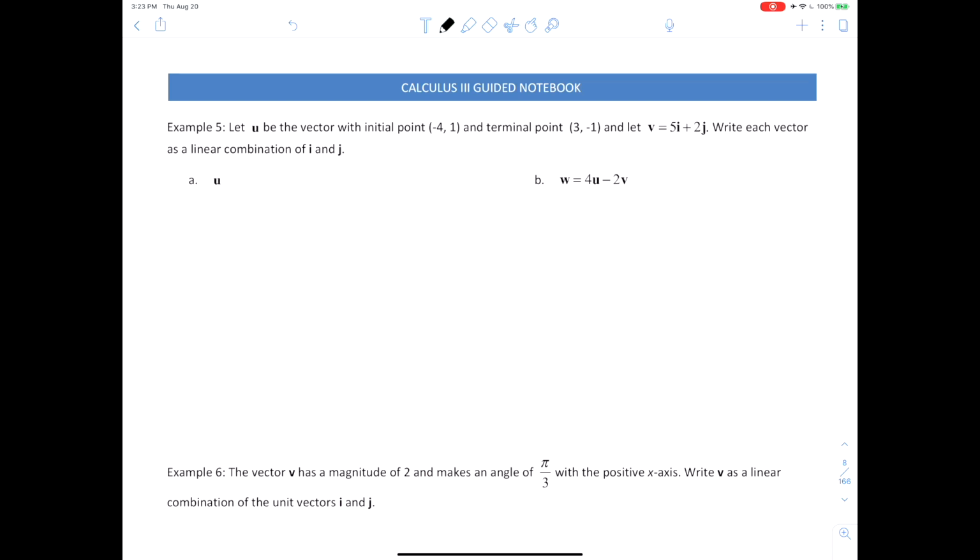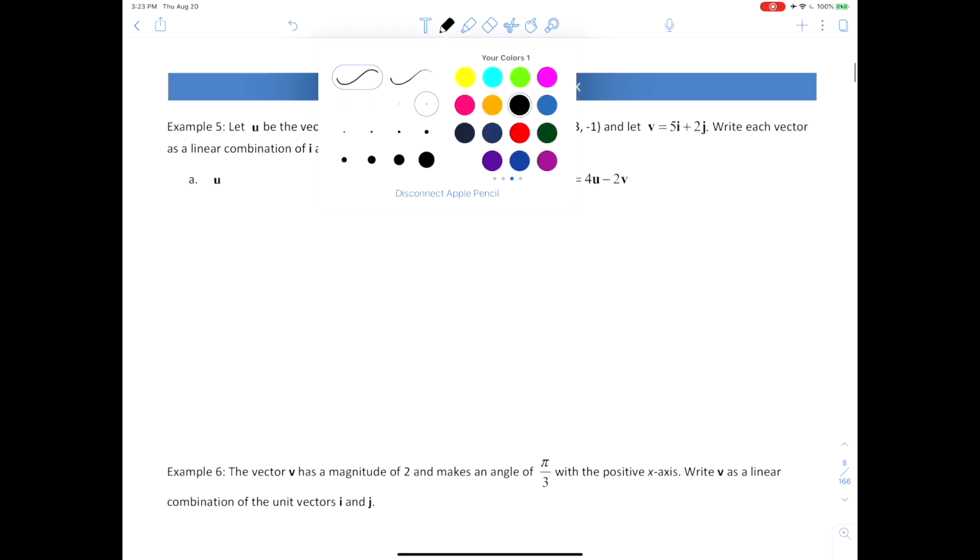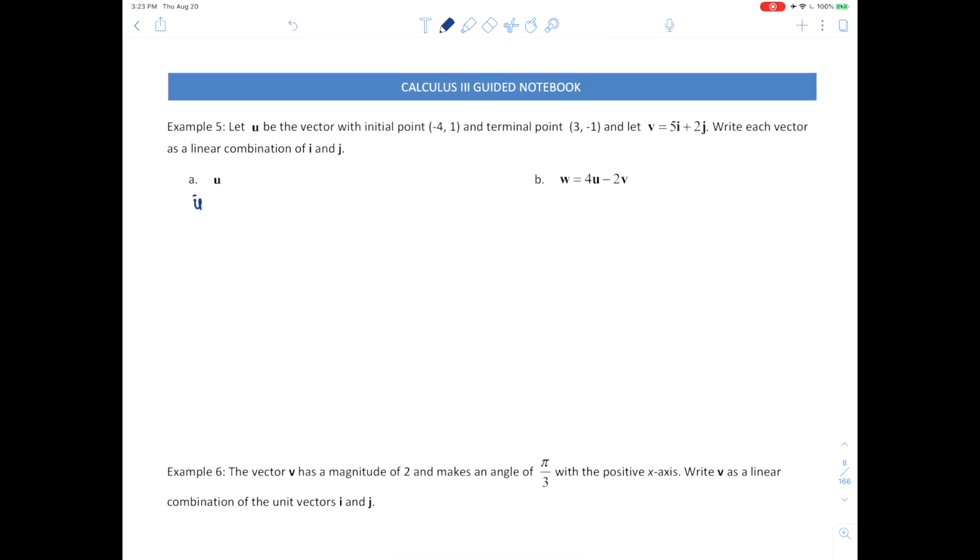Okay, so what do we have to do for u? U is going to equal to what? Beautiful. U is going to equal to the terminal minus the initial, so we'd end up having 3 minus -4, comma, -1 minus 1.